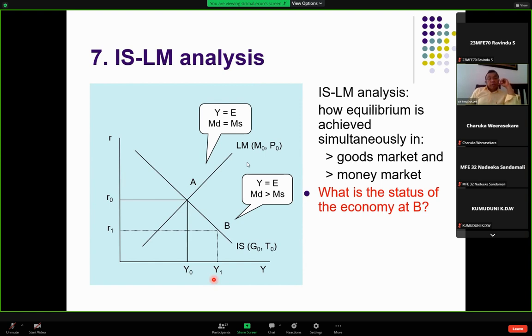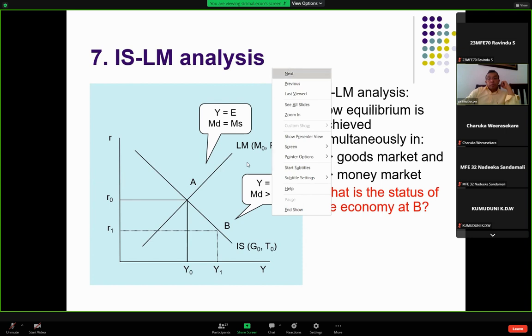A lower interest rate means demand for money is greater if you look at the money market equilibrium, because the bond market offers you lower returns, so the public holds money in liquid form. More money in the hands of the public means excess demand in the money market.